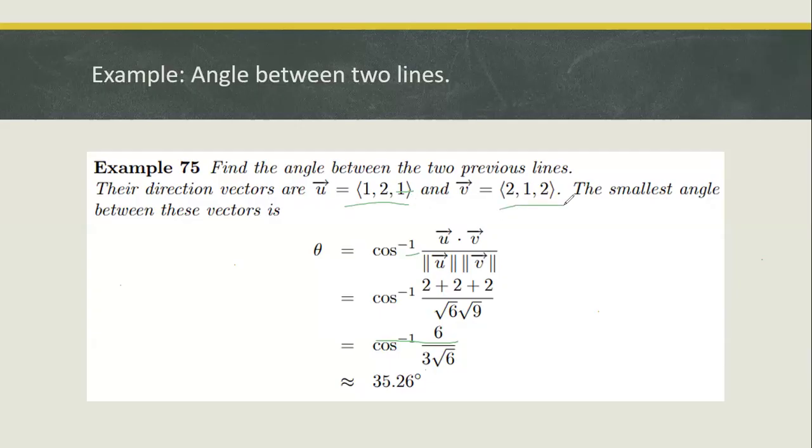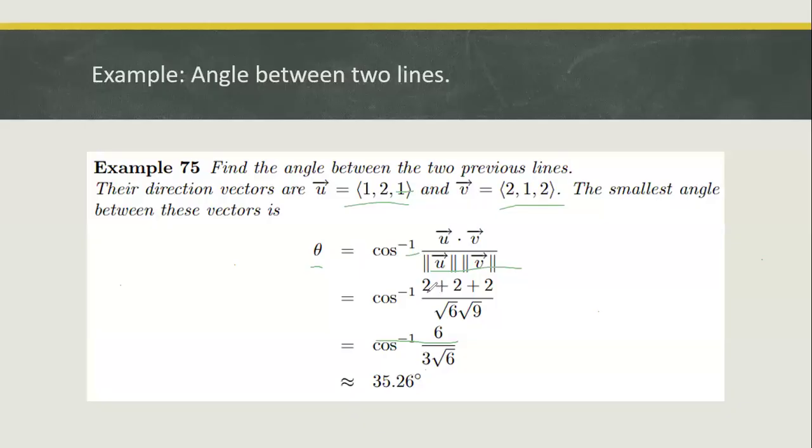This is from the previous example. The smallest angle between these vectors is, we simply use back our equation, but in this case, we're finding theta. So it would be the cos inverse of this here, and we substitute.